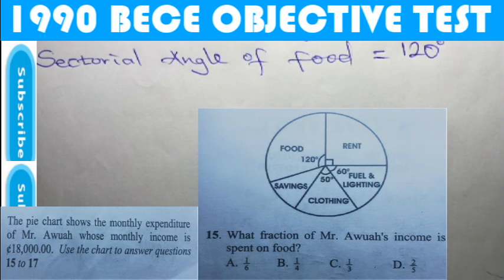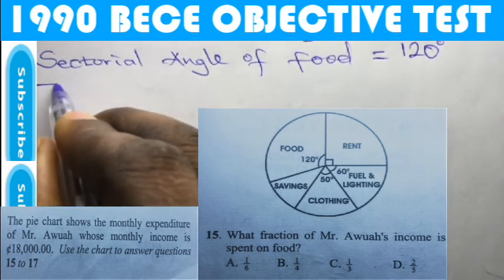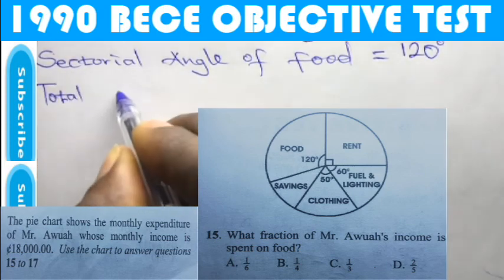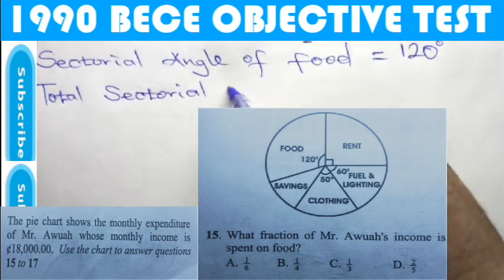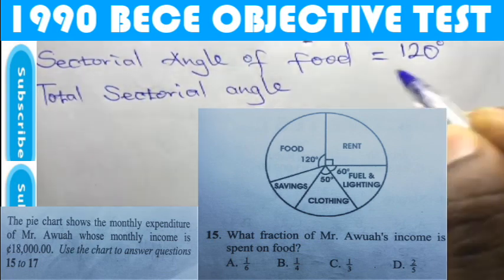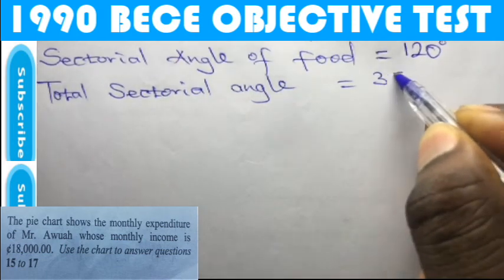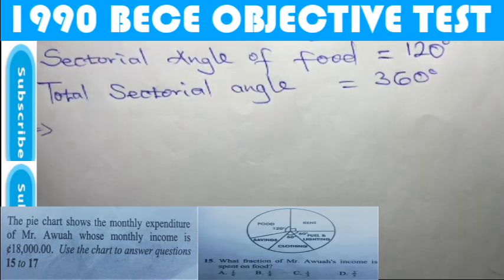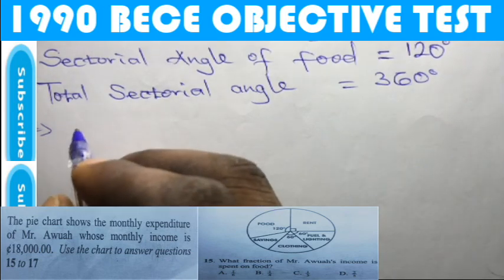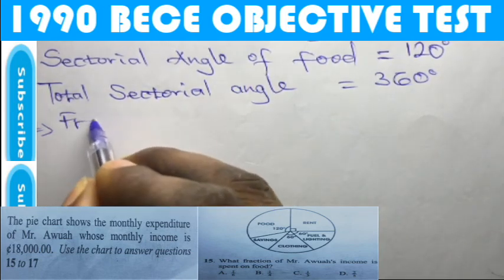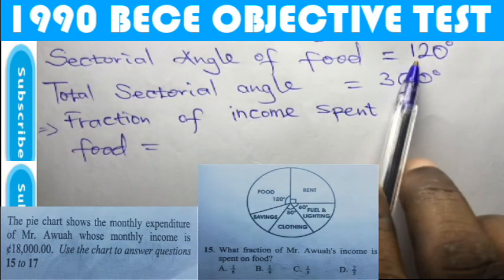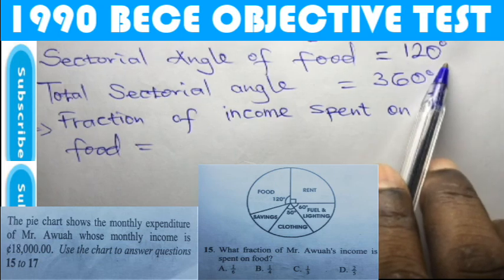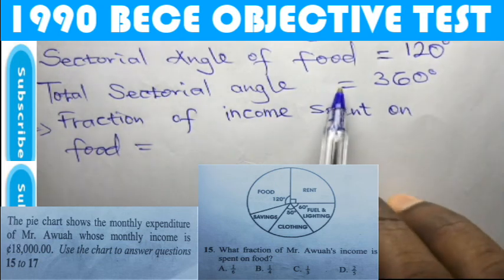So let's put that down. Now let's find the fraction of income spent on food. The fraction of income spent on food will be equal to the sectorial angle of food out of the total sectorial angle.